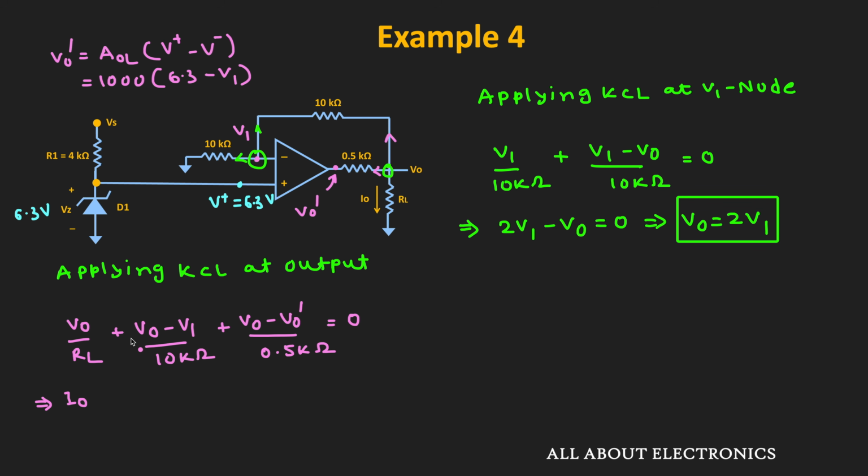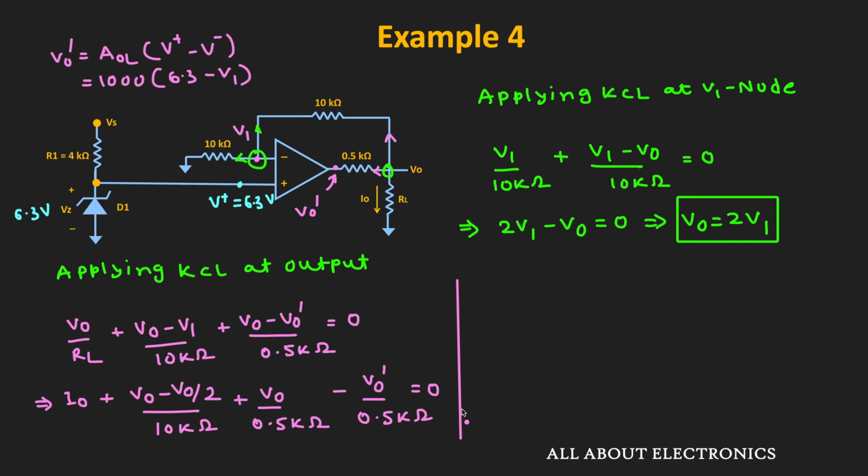Further in this expression, let us put the value of V1 as well as V0 dash. Here V1 is nothing but V0 by 2. So we can write it as I0 plus V0 minus V0 divided by 2 divided by 10 kilo ohm plus V0 divided by 0.5 kilo ohm minus V0 dash divided by 0.5 kilo ohm, and that is equal to 0.